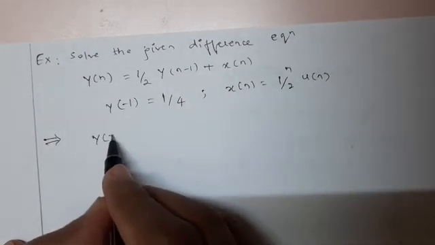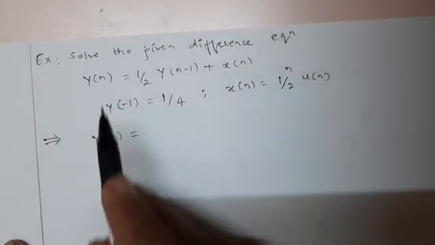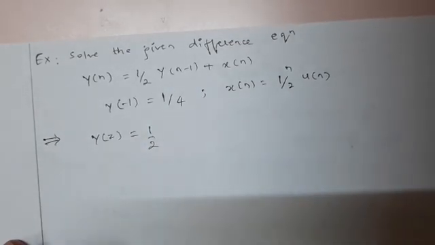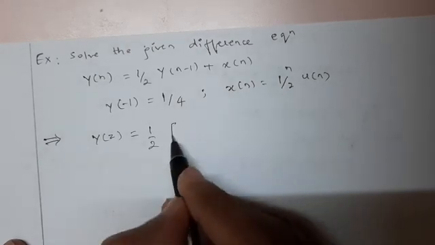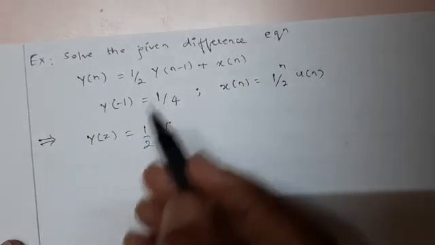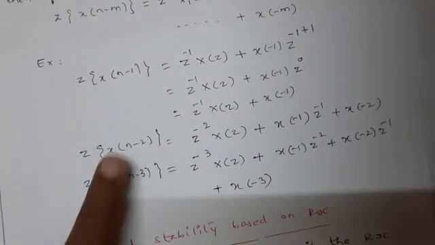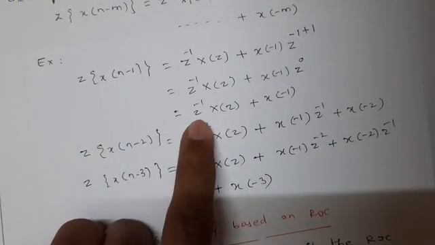Y of z, the Z transform of y of n, is y of z, plus half the Z transform of y of n minus 1. Since the initial condition is given, using the previous property, x of n minus 1 is z inverse x of z plus x of minus 1.